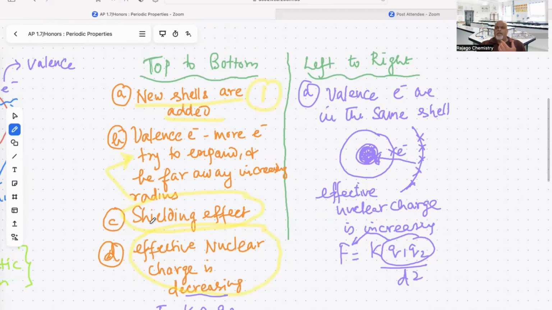When you add an electron, they don't want the electron to be added. That is the reason the electron affinity is affected. They don't want to form any compounds because they cannot pull other elements together. That's the reason electronegativity is affected. The same thing from left to right. When the valence electrons are added in the same shell, the effective nuclear charge is increasing.